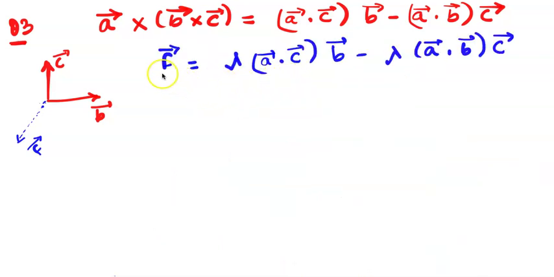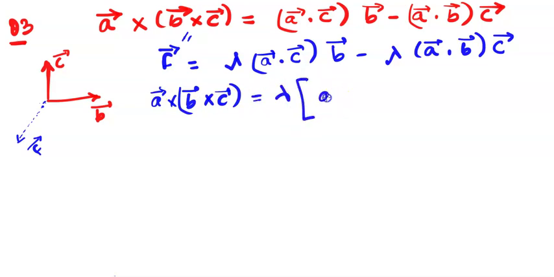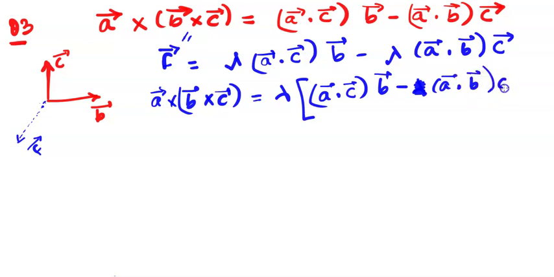So when we substitute M and N values, we will get this equation: F vector, which is A cross B cross C, is equal to lambda times A dot C B vector minus lambda times A dot B C vector. Lambda will be out, and C vector. Now this is a generic equation.